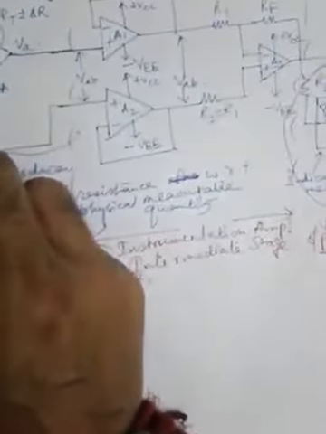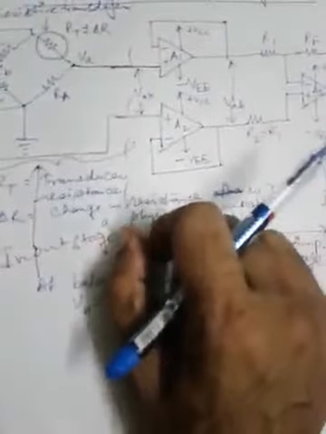When VB is to be found, it is to be measured across RB, which is this resistance, because VB is measured with respect to ground across which RB is connected, and VA is measured with respect to ground across which RA is connected. So VB is the voltage across RB, VA is the voltage across RA. VDC is connected covering the resistances RC and RB, so RC and RB are connected in series.